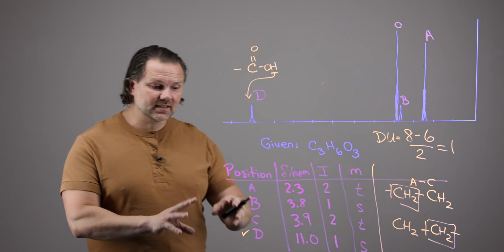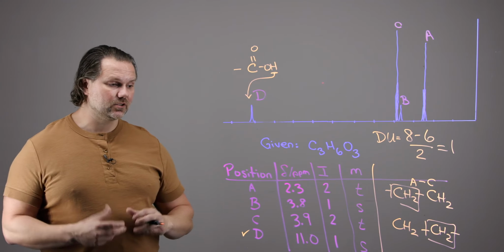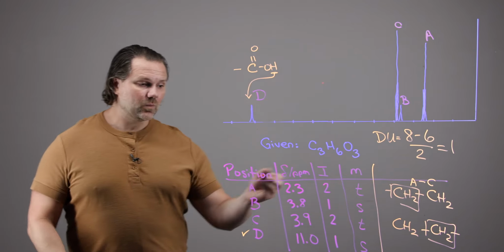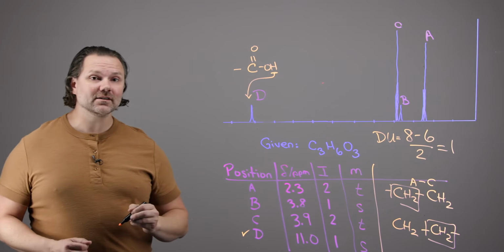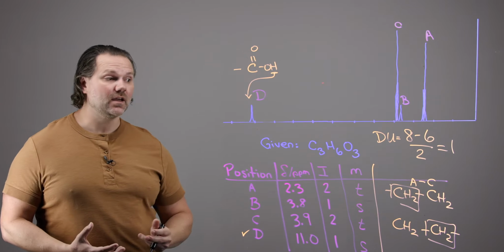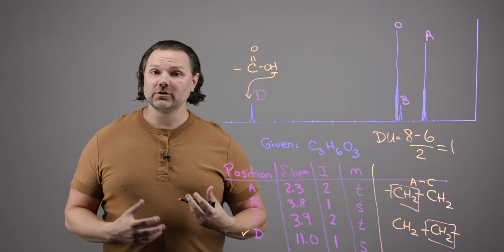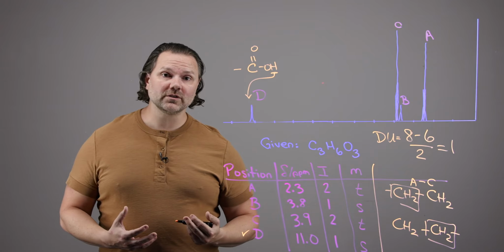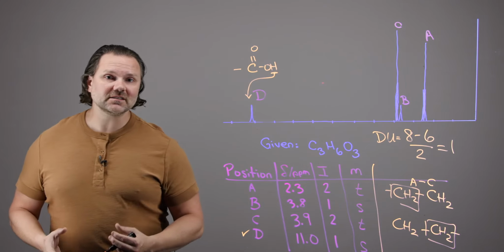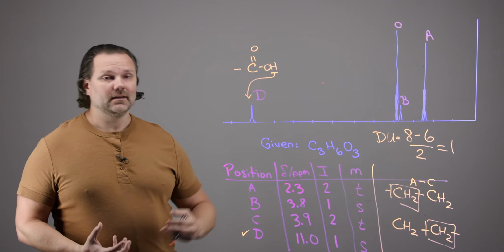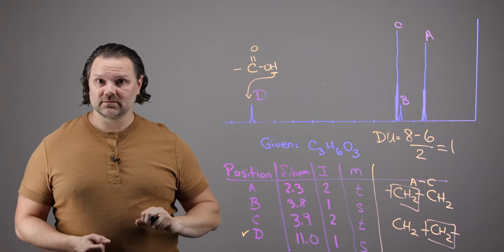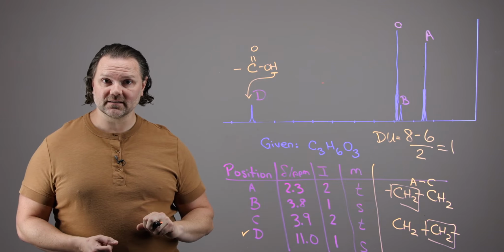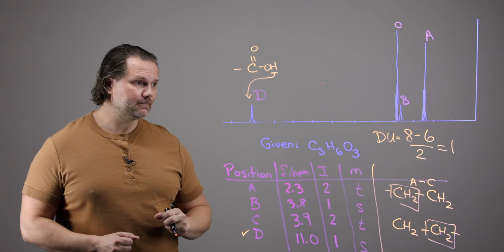Okay, we've got a good sense of where A and C are in terms of their relationship to each other. We haven't explained why they're at such a high chemical shift, because the CH2 group would normally show up at about 1.2 ppm. There must be something that is de-shielding it. Well, we know one such group, that's the carboxylic acid, and that's going to be de-shielding things.